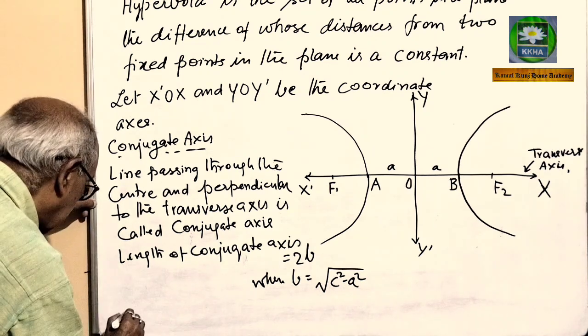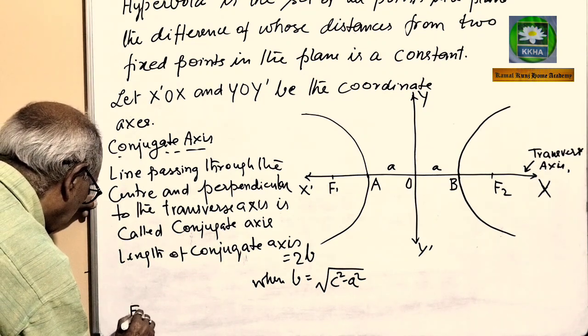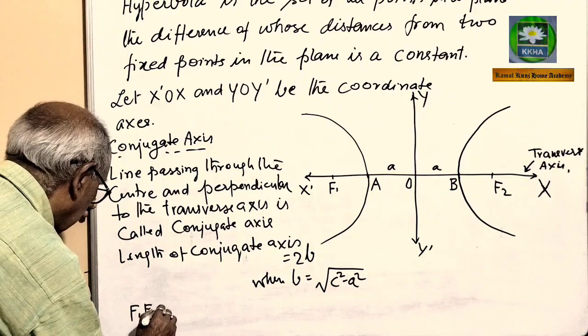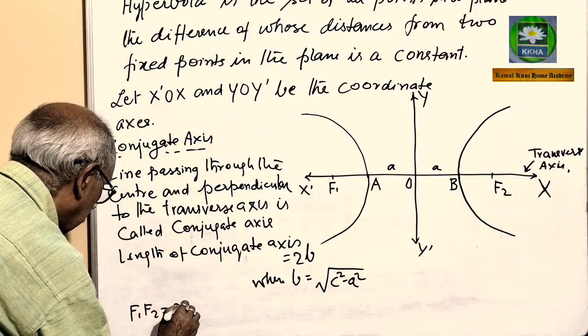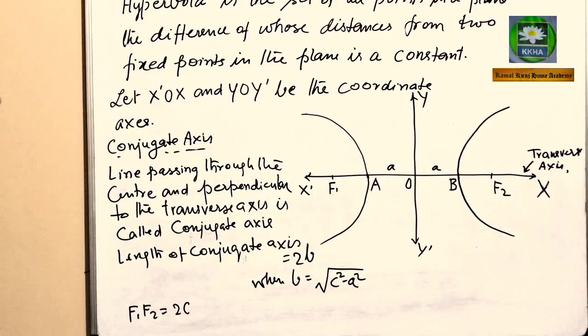The distance between the foci, that is F1F2, is equal to 2C.